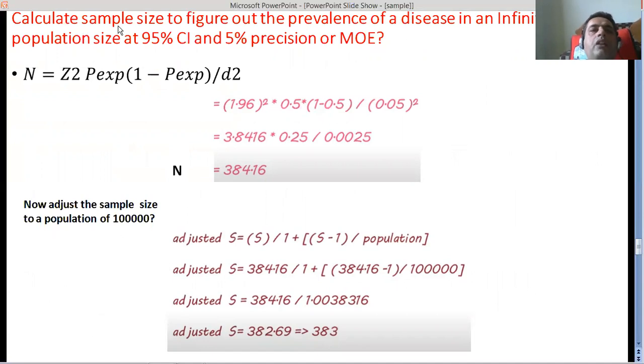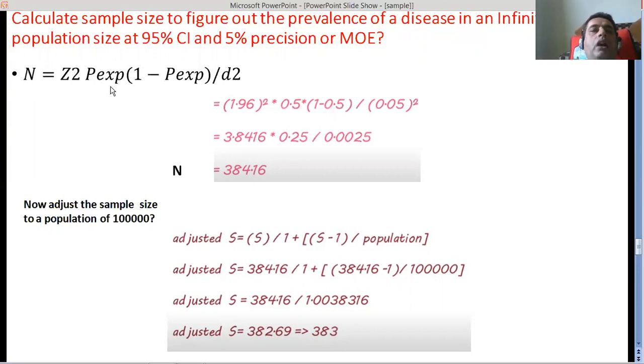The question is, calculate sample size to figure out the prevalence of a disease in an infinite population size at 95% confidence interval and 5% precision, or margin of error. Okay, the precision is 5%. So this is the formula: n is equal to Z squared times P expected times 1 minus P expected over D squared. This is the same formula, just a different expression here for the P expected.